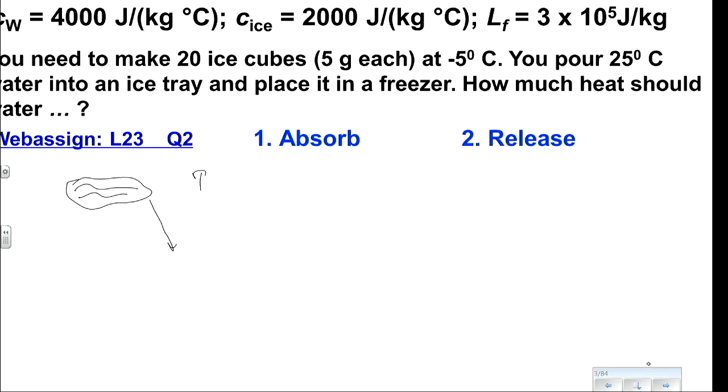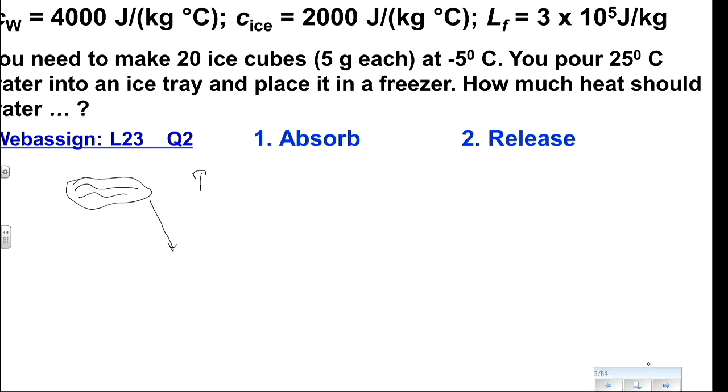And what is the lowest temperature a water, any kind of, in all our problems like cream, milk, soda, we all treat as water, right? So what is the lowest temperature water can reach? Yeah. Zero.